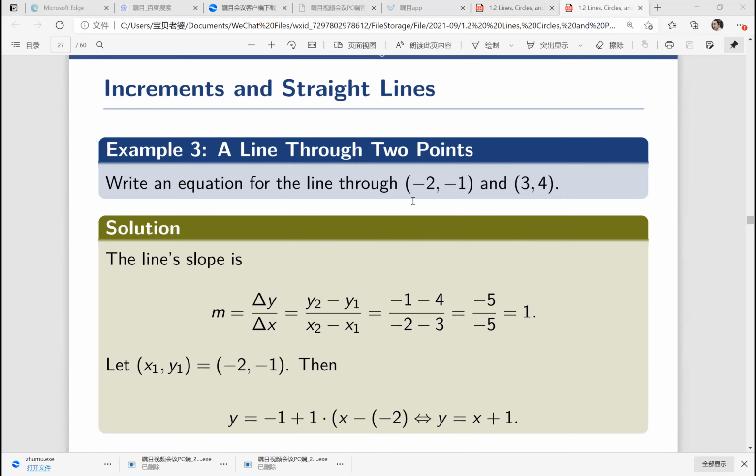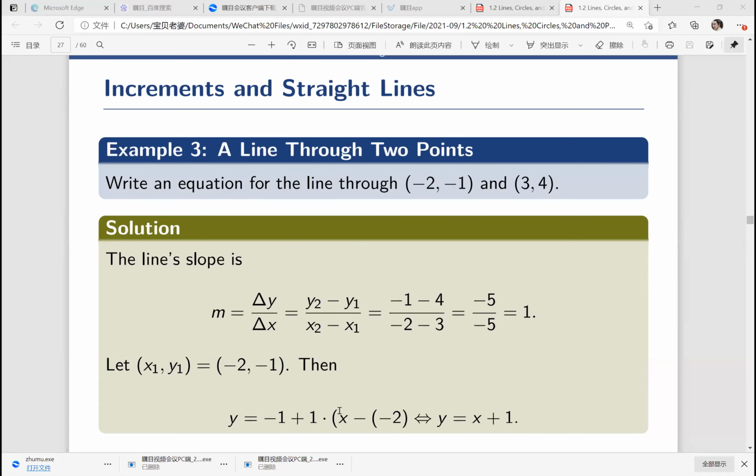We can use one point in this example. If we use -2 and -1, the slope of this line is 1, and the point is -2, -1. So the equation of this line is y minus -1 is equal to 1 multiplied by x minus -2.